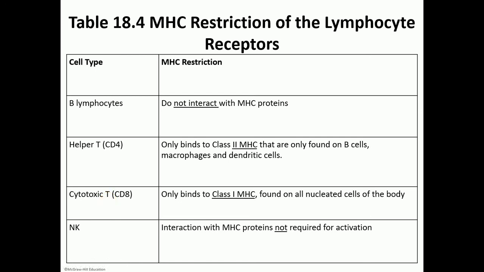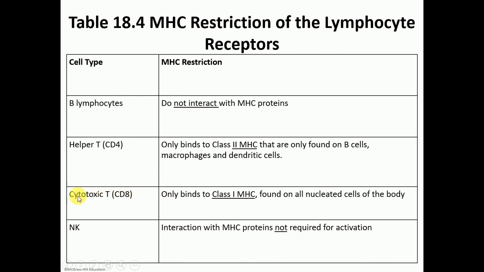T lymphocytes are named according to different clusters, hence the name CD. CD stands for cluster of differentiation, and there are a lot of those. The cytotoxic T cells are cluster of differentiation type 8, or CD8.